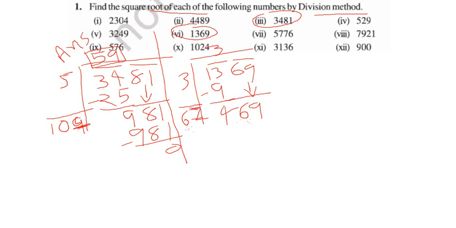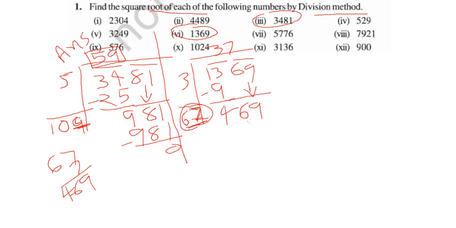Like 7 put here, you put the same number here. So now this 67 you have to multiply by this 7. 7 times 7 is 49, 7 times 6 is 42 plus 4 is 46. So this is exactly 469.